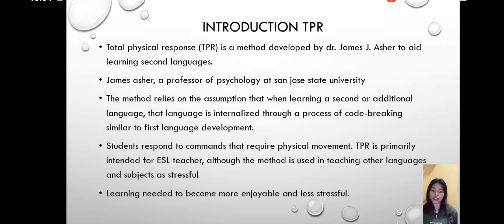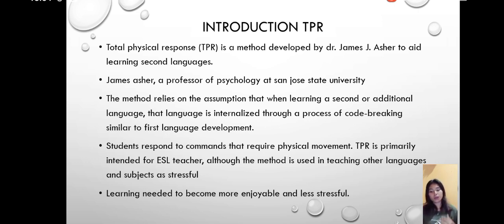The method relies on the assumption that when learning a second or additional language, that language is internalized through a process of code breaking similar to first language development. Students respond to commands that require physical movements.